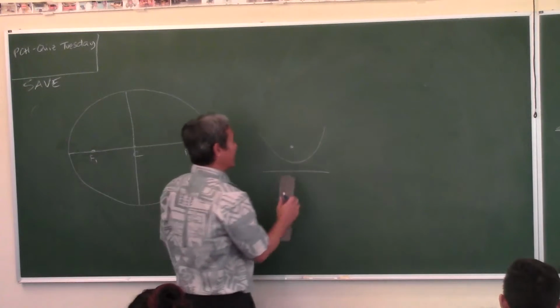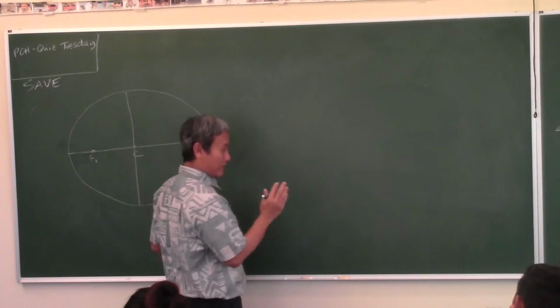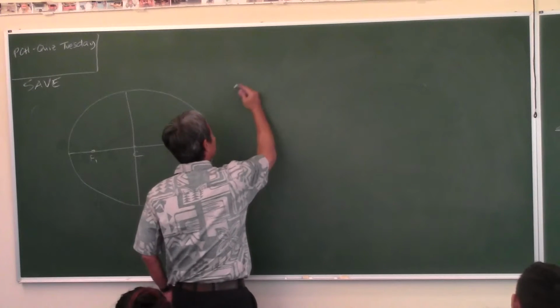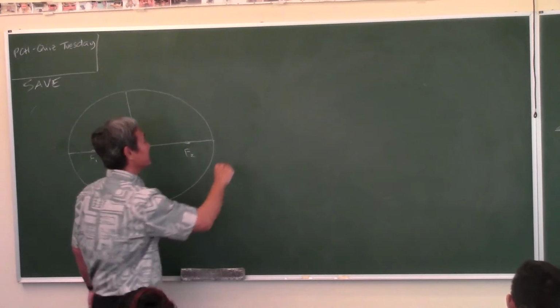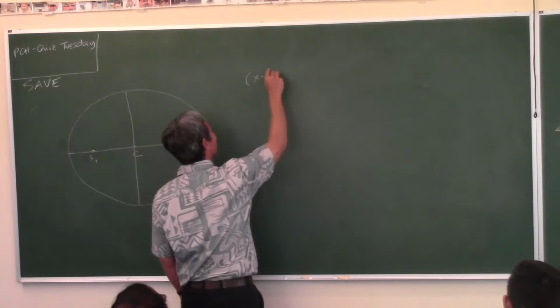Okay, so let me tell you about the equations. These are the equations that you need to know. If you have an ellipse where the major axis is left and right, this is what the standard equation looks like.